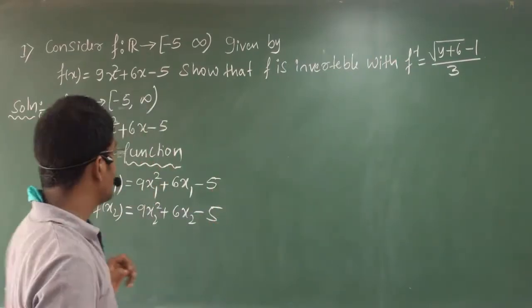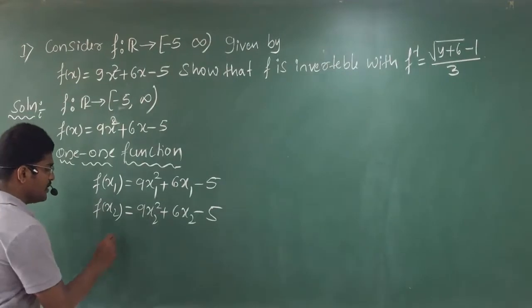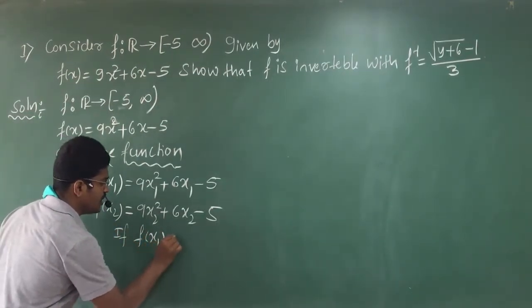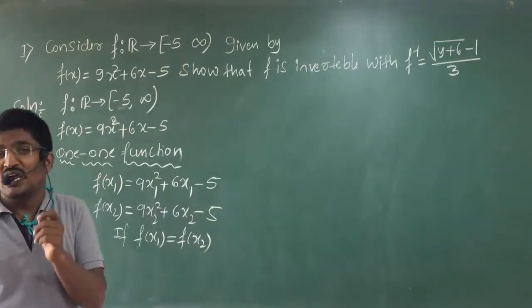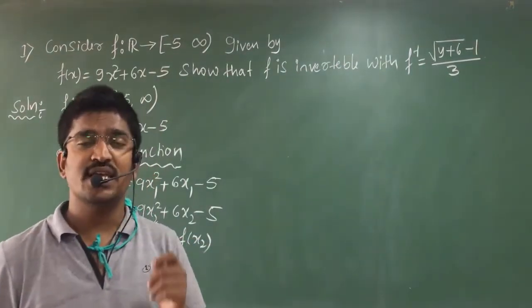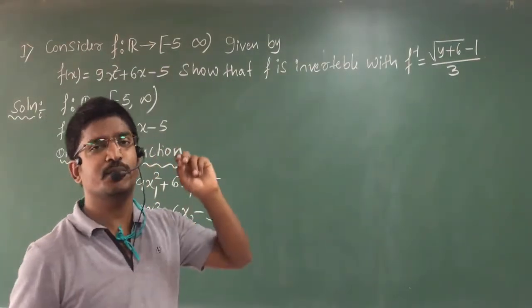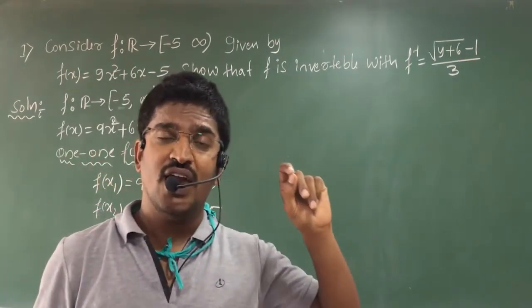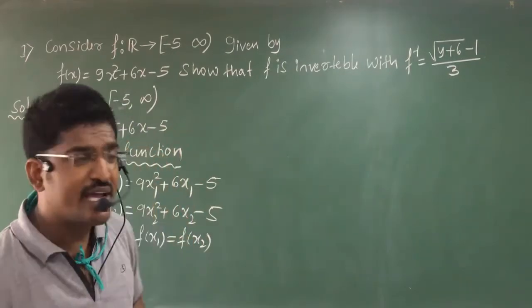Clear? Okay. Here these two conditions we are taking. Let us choose f of x1 equal to f of x2. If we consider f of x1 is equal to f of x2, I have already explained in the previous video that you can see in the corner, where we have to prove it as x1 equal to x2.